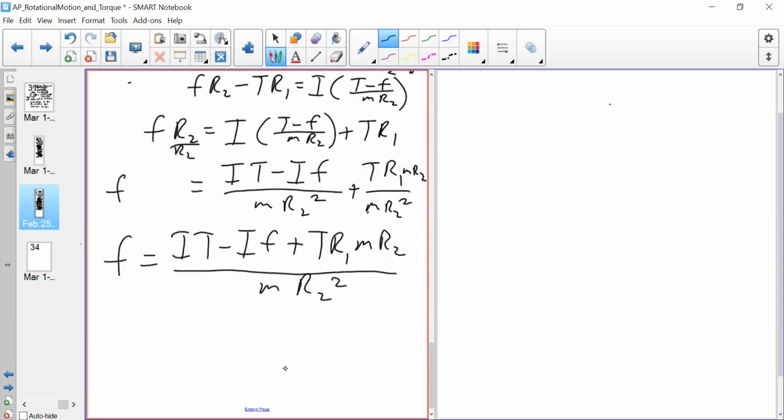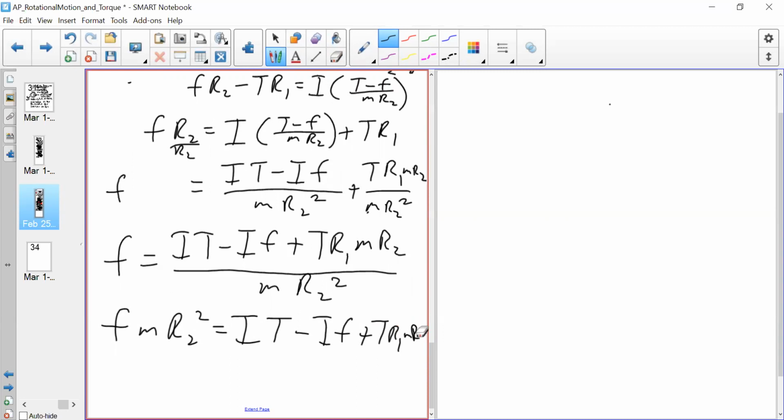So I did a little something here. I said F times MR2 squared. And again, you can use your own method of simplification. At this point, it's trivial. The most important thing is those torque and force equations. You can use any simplification method that makes the most sense and gives you the same right answer.